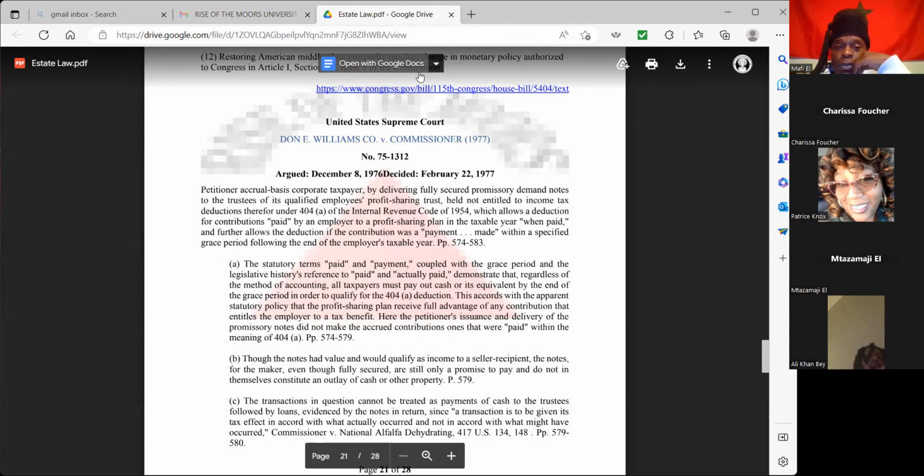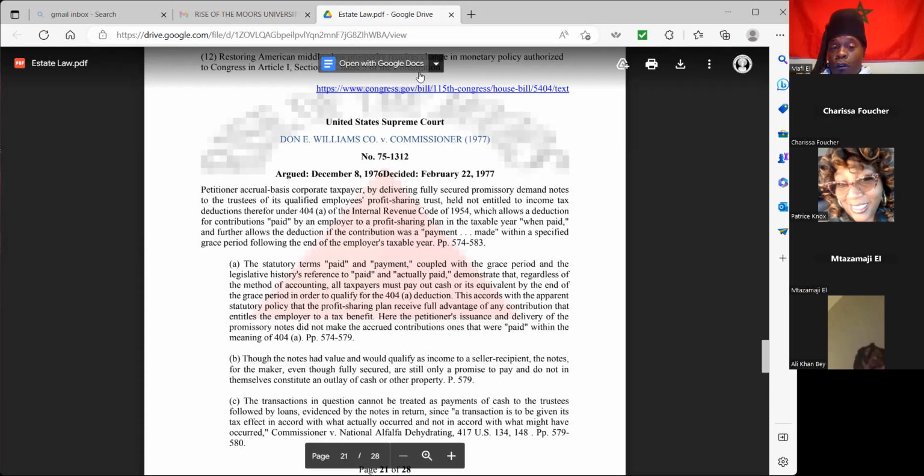All right, so we got the petitioner, an accrual basis corporate taxpayer, by delivering fully secured promissory demand notes to the trustees of its qualified employees' profit sharing trust, held not entitled to income deductions.